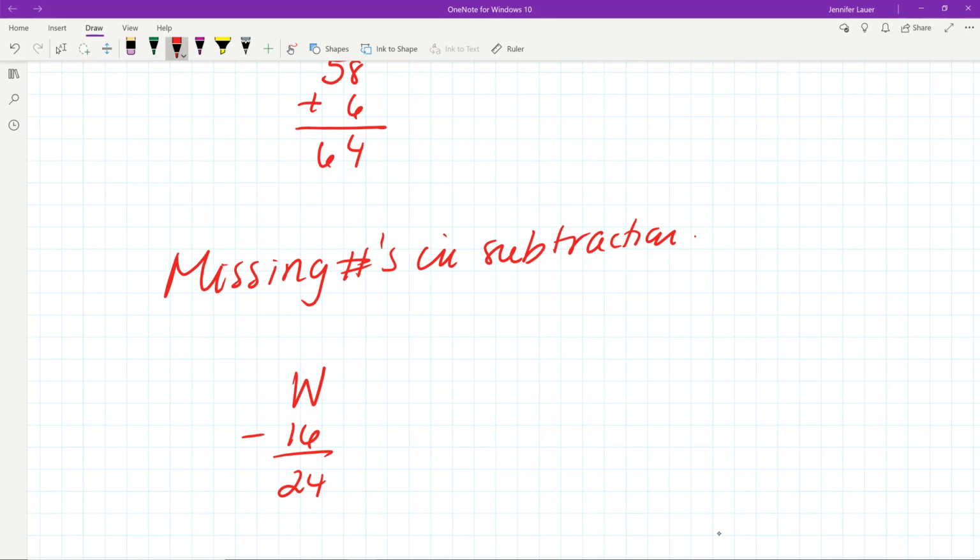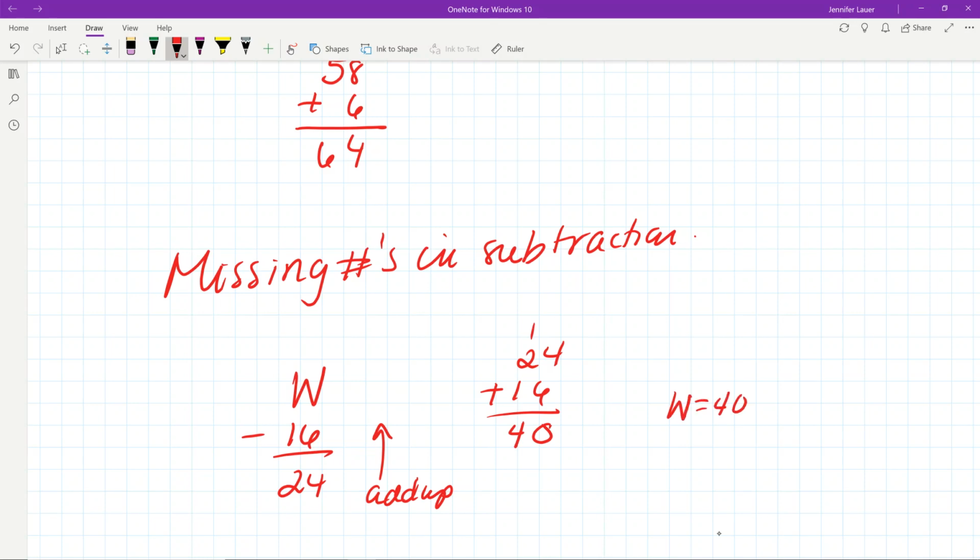Here, when the missing thing is the minuend, which we're not going to even try to name right now, we are going to add up. So I'm going to say 24 plus 16. 4 plus 6 is 5, 6, 7, 8, 9, 10. Carry the 1. 1 plus 2 is 3, plus 1 more is 4, so 40. So w is equal to 40.